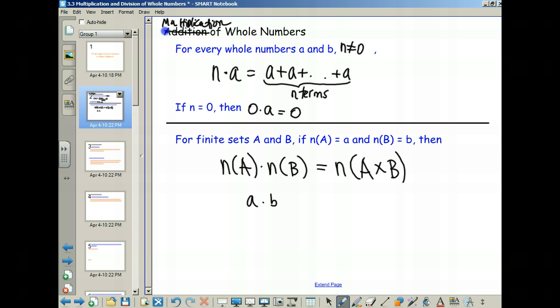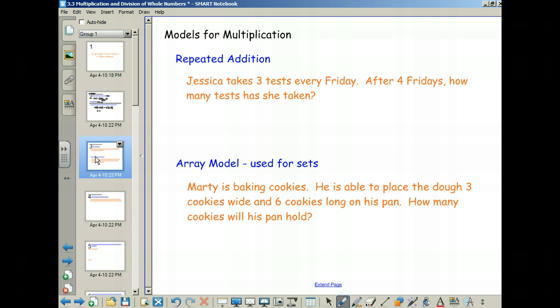That's all well and good, but what I want to talk about is the picture forms, the models of how to think about this. The first one, repeated addition, harkens back to that description I first gave you, this idea of adding something together a bunch of times. I'm going to show you a picture form of each of these. It says Jessica takes 3 tests every Friday.